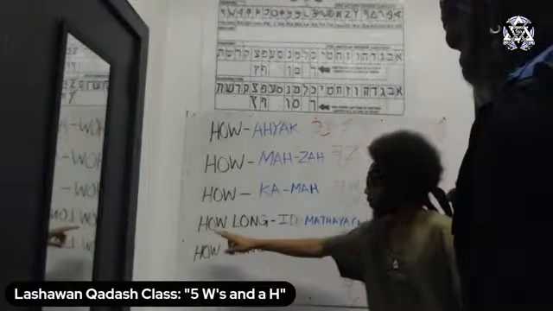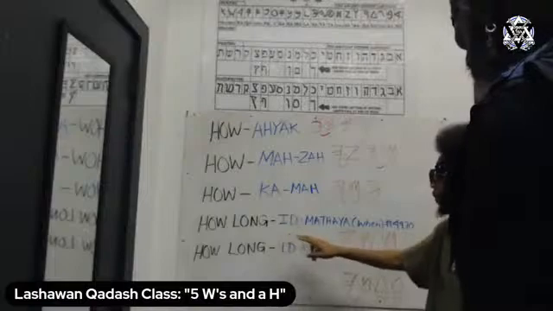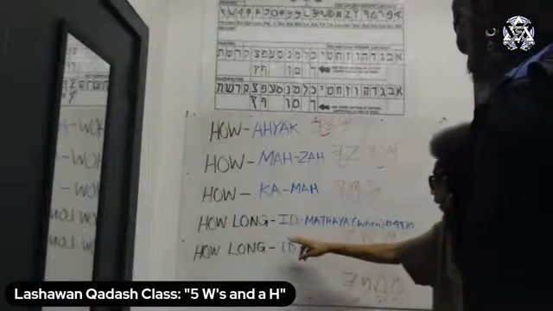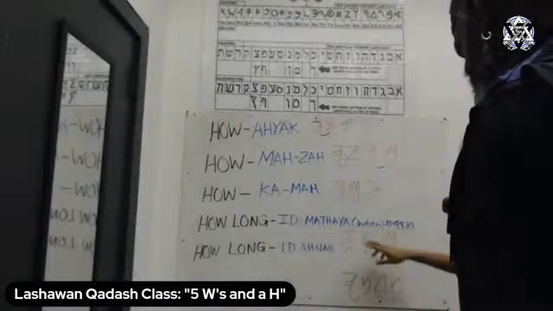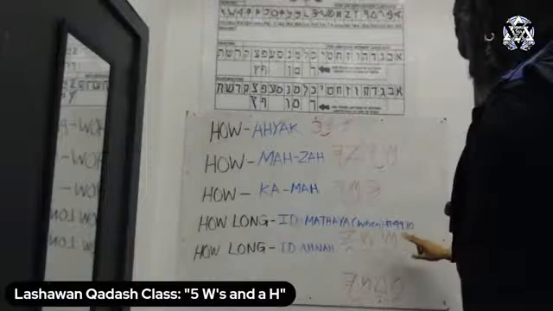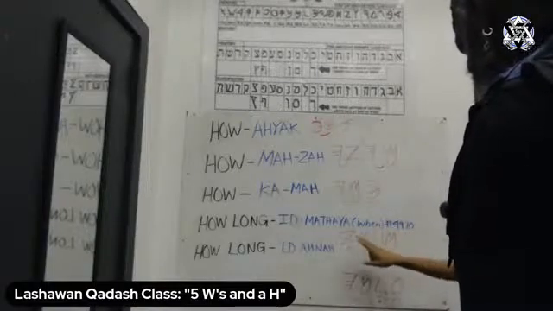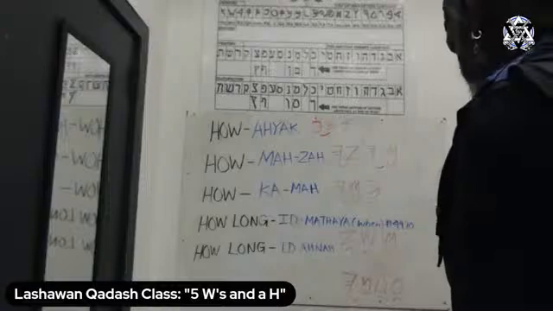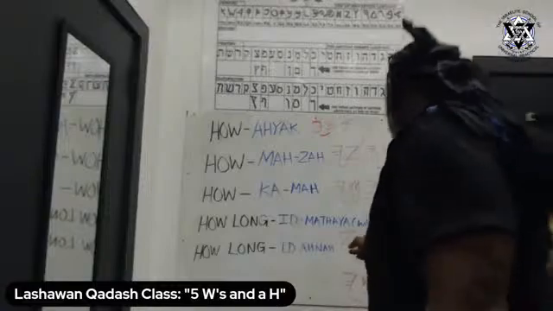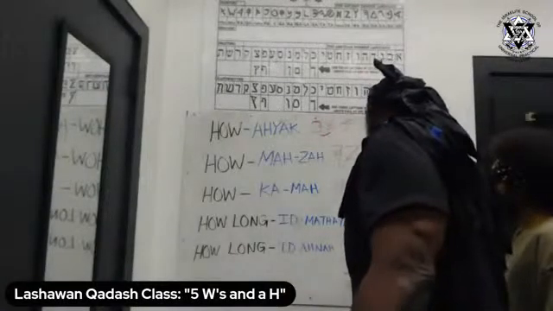So now, the next word, which is when. So we got the ma. I don't know why the shah's there. That was connected. These two words.